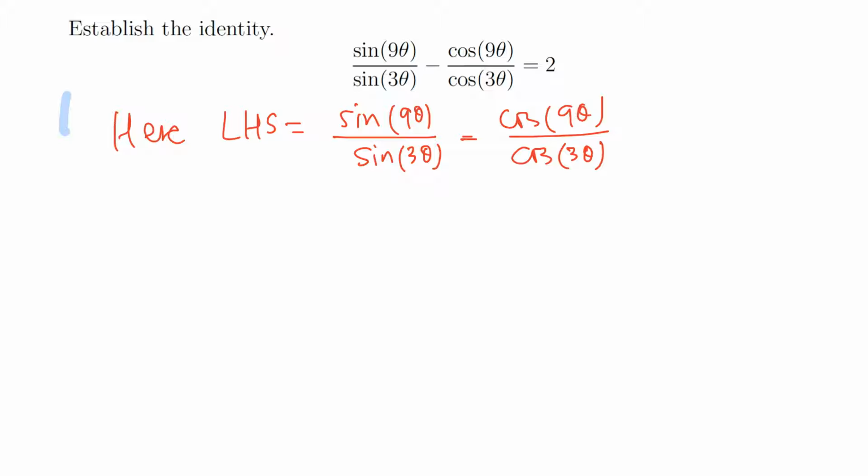We multiply the first fraction by the bottom of the second, so cosine 3 theta over cosine 3 theta. Then we multiply the second fraction by the bottom of the first, which is sine 3 theta over sine 3 theta.